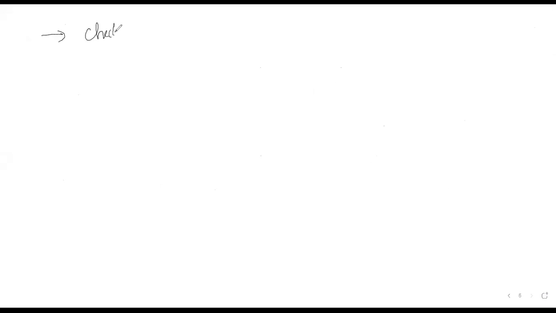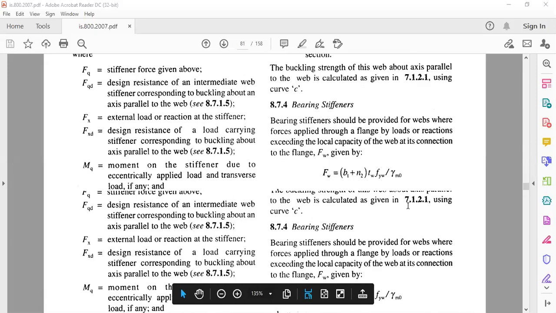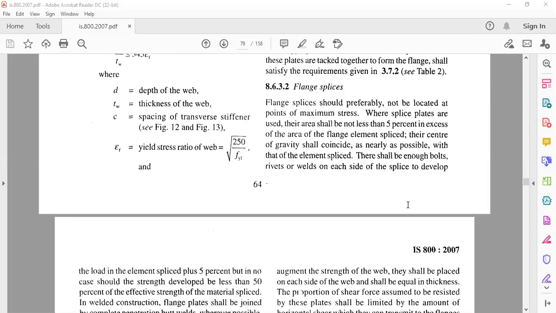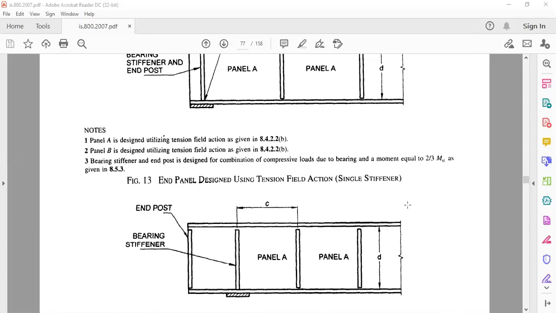So now this is step 6.1: check for outstand of stiffener. For this we have the formula on page number 65, clause 8.7.1.2, the outstand of web stiffener. It should be between 14 times and 20 times of TQ into epsilon, covering both the serviceability and flange conditions.